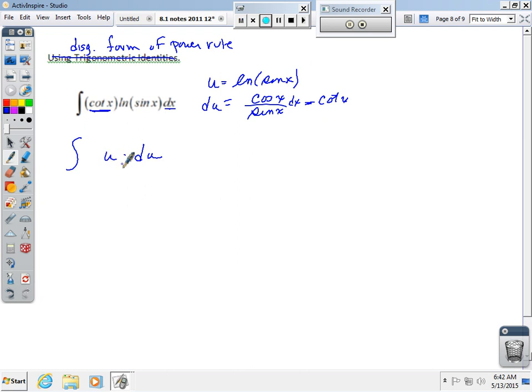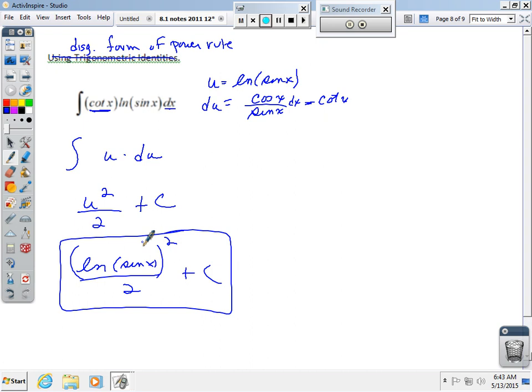So it ends up being a pretty simple integral if you recognize what to do. Now it's just going to be u squared over 2 plus c. Substitute back in for u, so it's going to be the ln of sine x, that whole quantity squared, times 1/2, and then plus c.